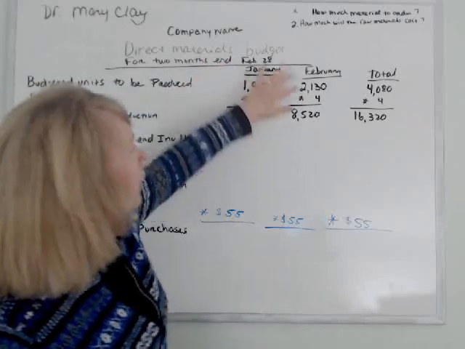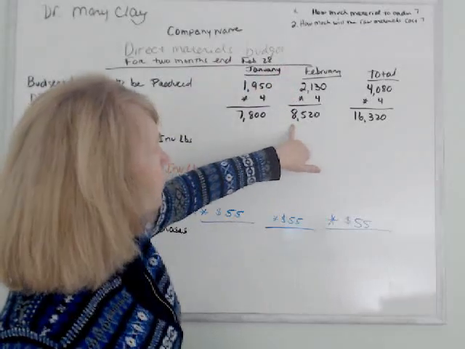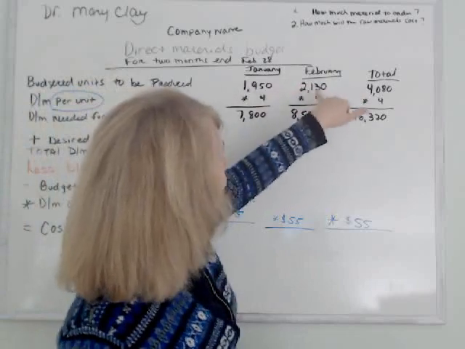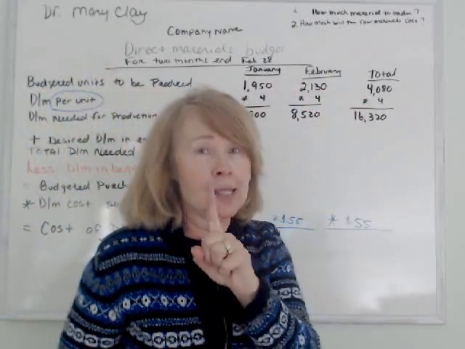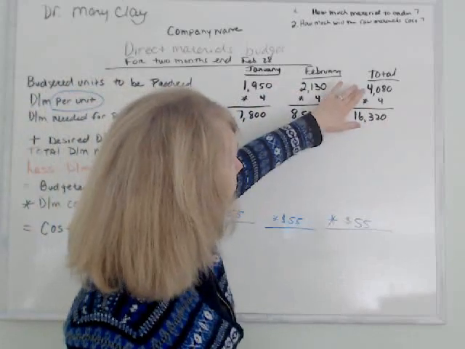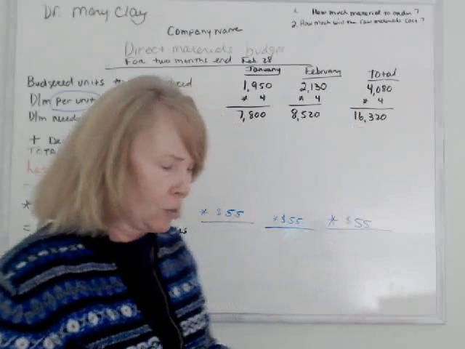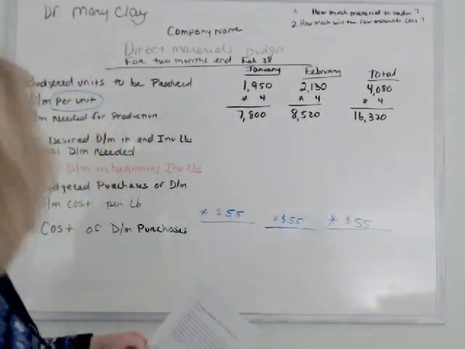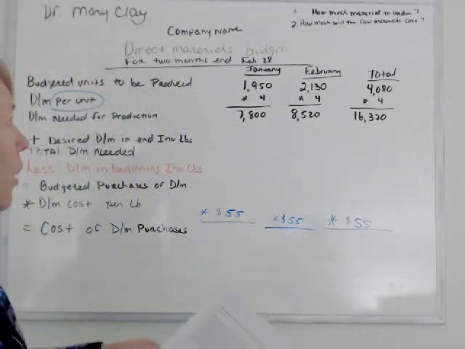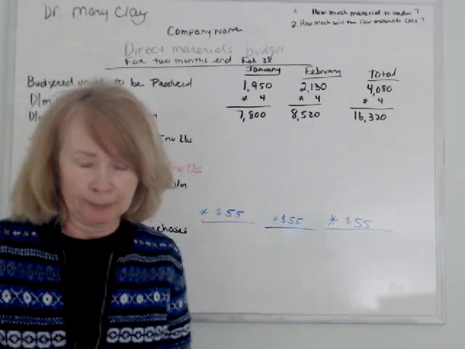For February, 2,130 times 4 gives us 8,520. For the total, we're going to add these two together only for this instance. Please pay attention. We're going to take 4,080 and multiply that by 4. That gives us 16,320.